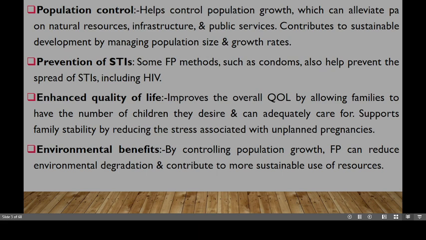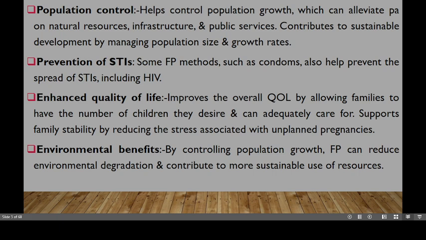Some family planning methods, like the female and male condoms, normally help prevent the spread of sexually transmitted infections, including HIV/AIDS. Generally, the practice of family planning methods helps improve the overall quality of life by allowing families to have the number of children they desire and can adequately care for.